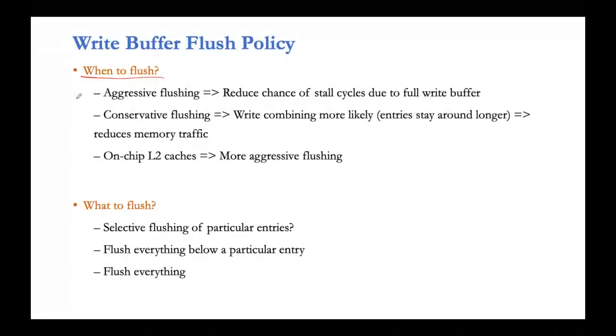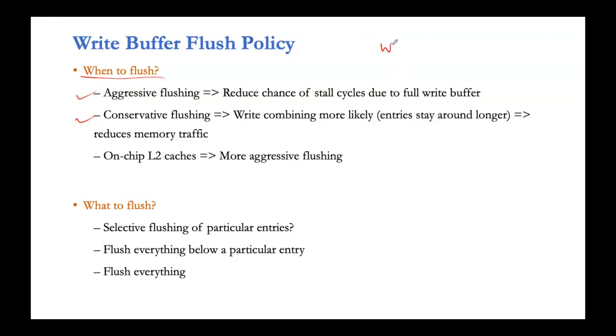When to flush the data: there are two ways to do it. One is flushing frequently, the other is flushing non-frequently. Frequent flushing we call aggressive flushing, which reduces the chance of stall cycles due to a full write buffer.